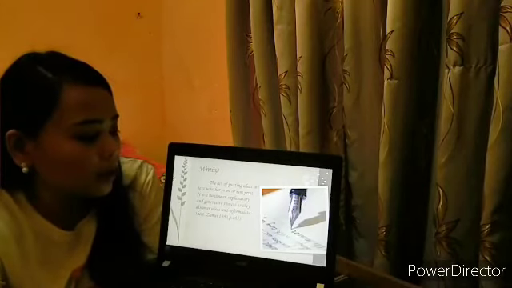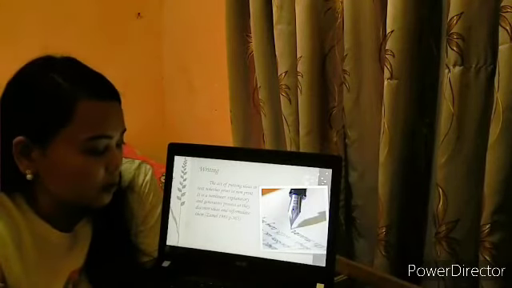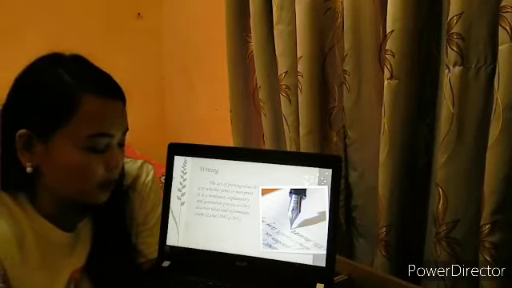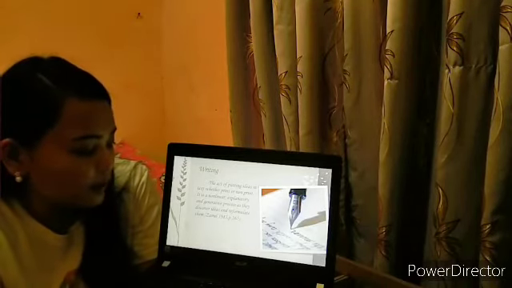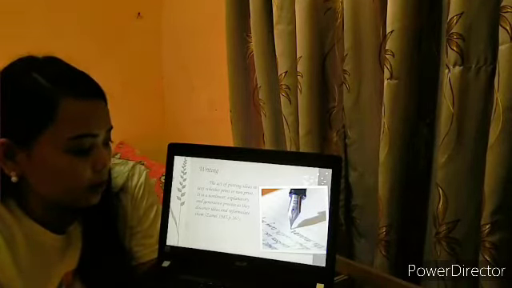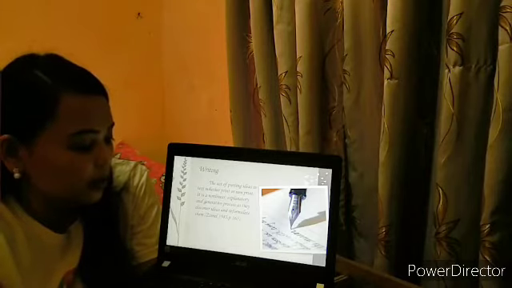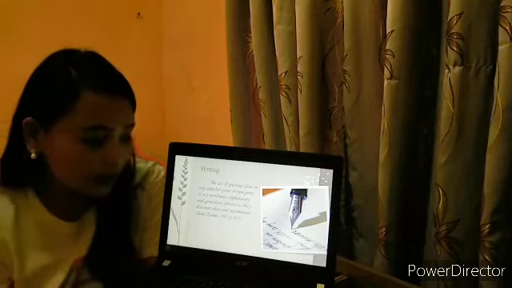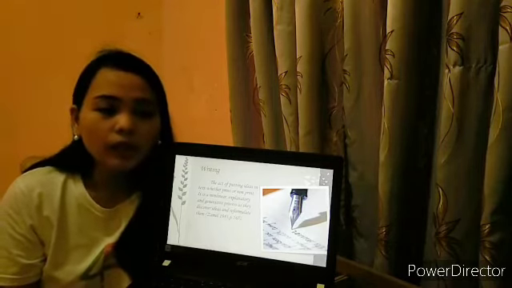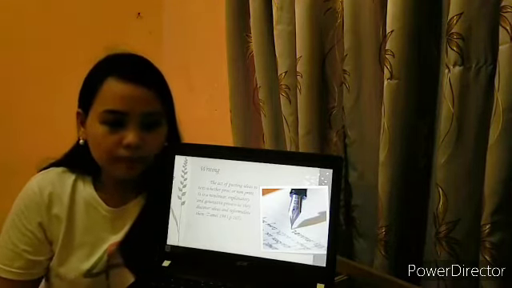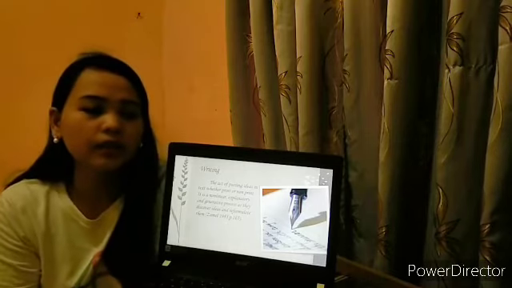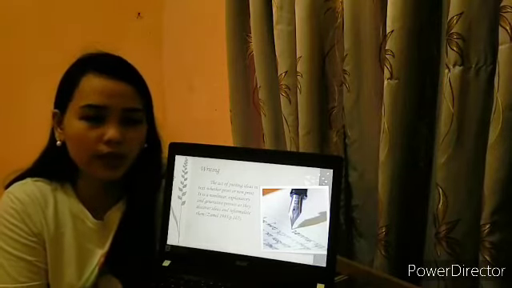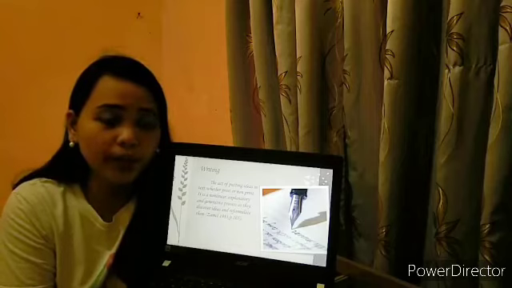So writing is the act of putting ideas in text, whether print or non-print. It is a non-linear, exploratory and generative process as they discover ideas and formulate them, according to Zamel, 1983. So according to Zamel, writing refers to the act of putting ideas in text, whether print or non-print.